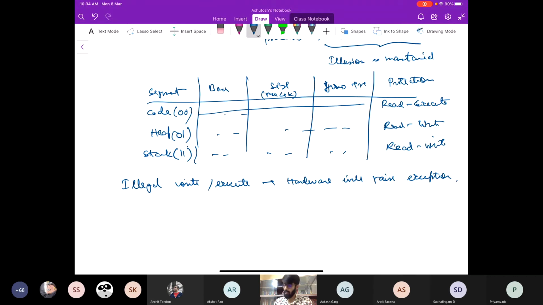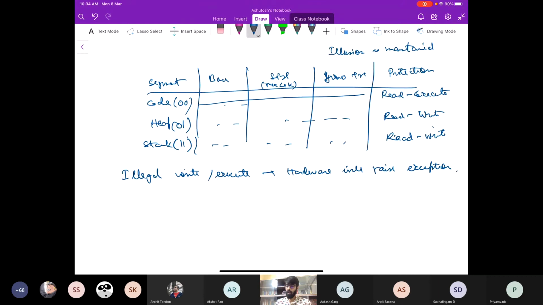Before we go to the OS, there is just one small point: this way of segmenting is called coarse-grained.